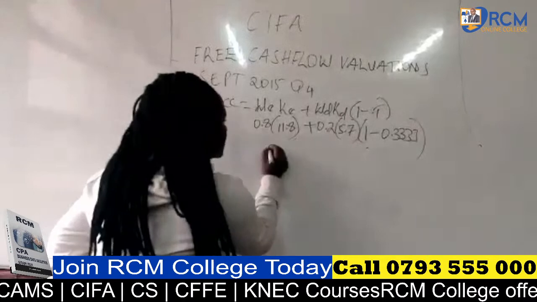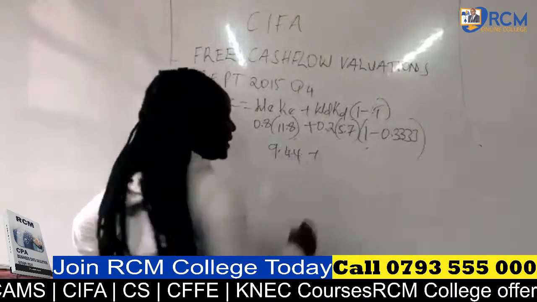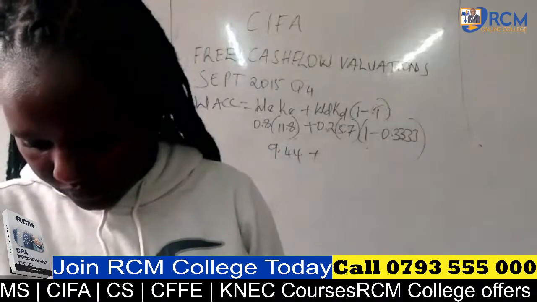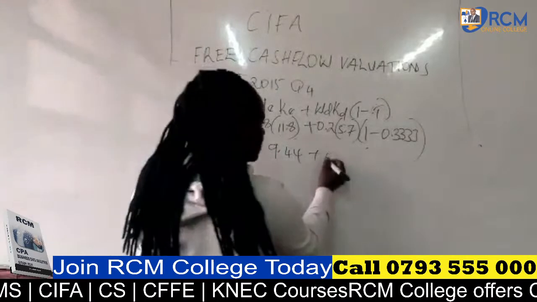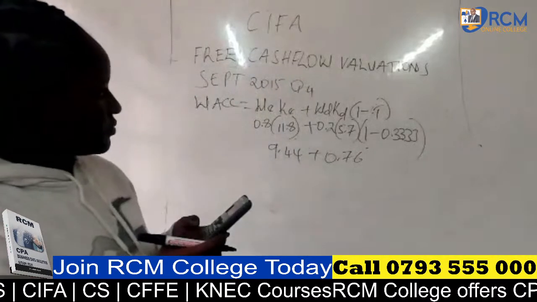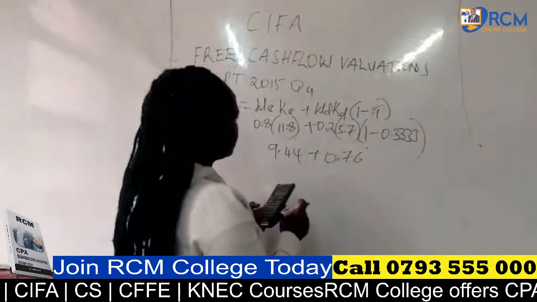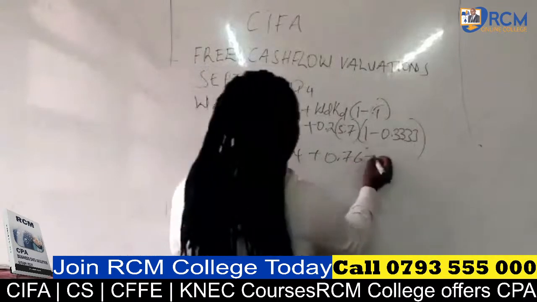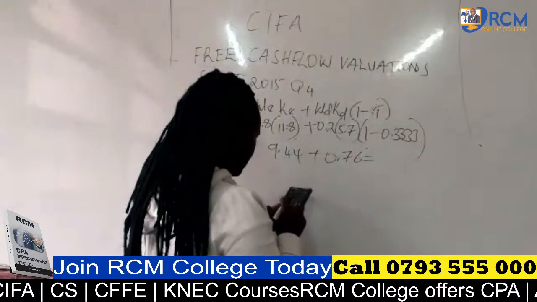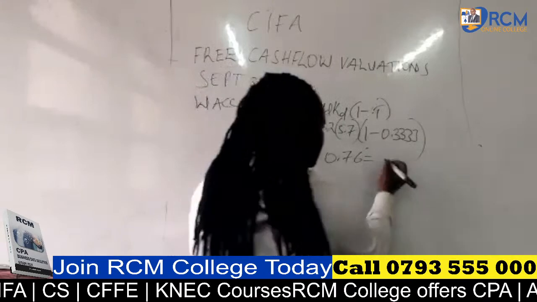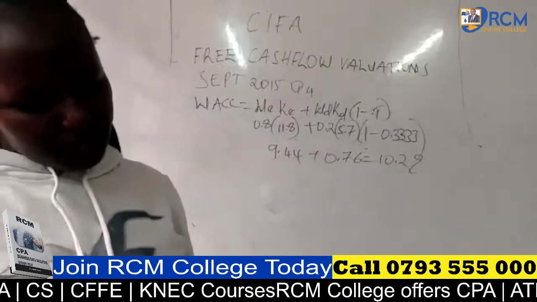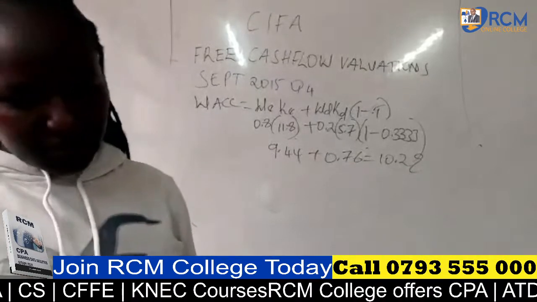So this is 9.44 plus 0.76. Yes, I'm getting 10.2%. So that is our weighted average cost of capital.